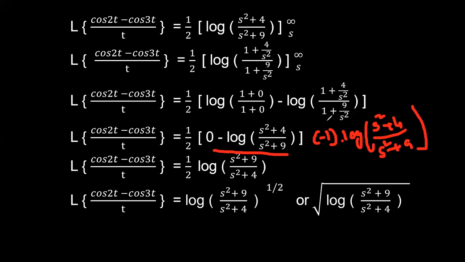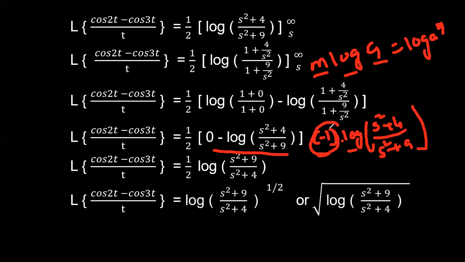So this is again of the form m log a. The m value is minus 1, and the a value is nothing but s square plus 4 by s square plus 9. That can be written as log a power m. Now this minus 1 should be taken to the power.